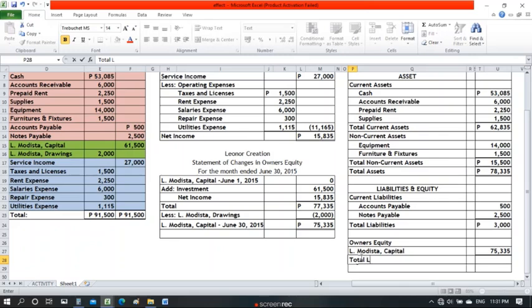Next is the total liabilities and equity. The 3,000, we just add to the 75,335. 75,335 plus 3,000.